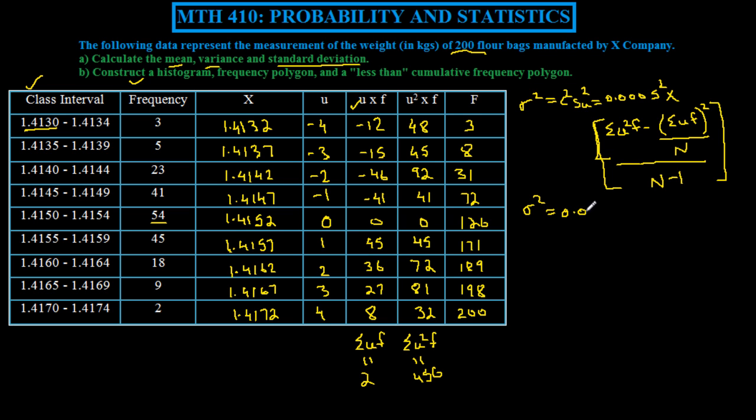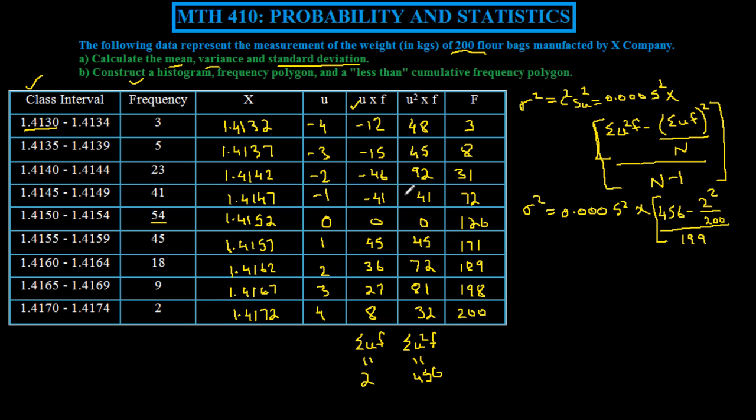We're going to have 0.0005 squared times u squared f, which is 456, minus 2 squared over 200, all over n minus 1.